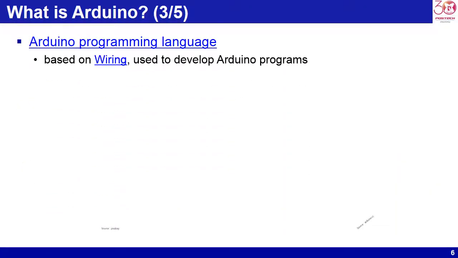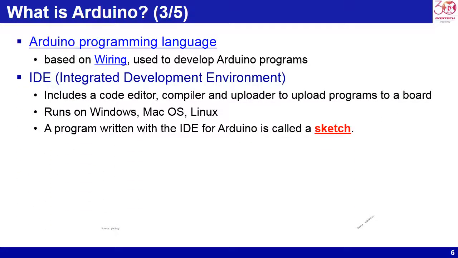Arduino programming language based on Wiring is used to develop Arduino programs. In the next module, we will tell you more about this Arduino programming language. The IDE is a cross-platform application development tool written in Java and includes a code editor with features such as cutting, pasting, searching, and replacing text.